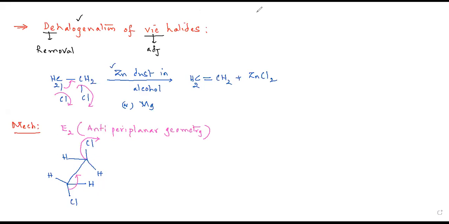So the product formed here is H H, H H. Of course, one Zn, Zn plus 2 and Cl minus. That will give us ZnCl plus. The other one goes off in the form of Cl minus. To give some clarity, you can take it that way. Let me give you some more examples.